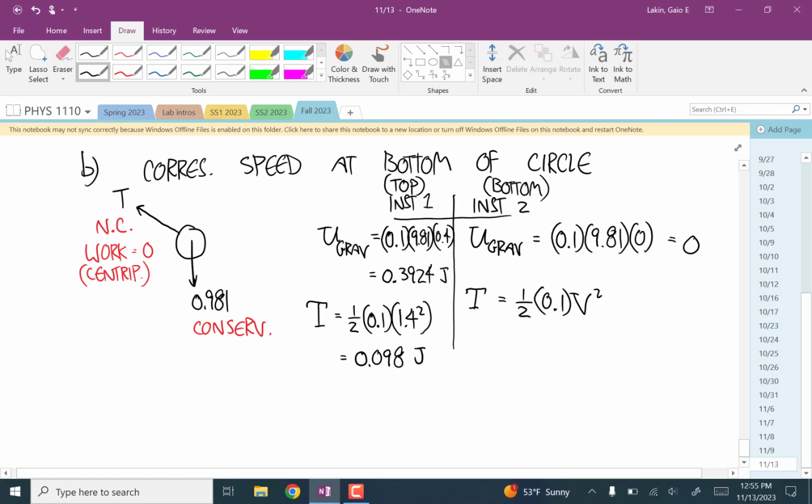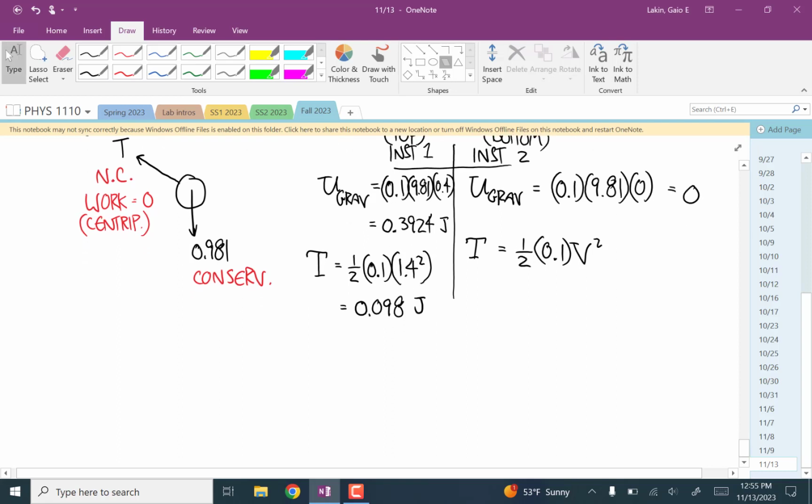This one's joules. So conservation of mechanical energy says 0.3924 plus 0.098 is equal to 0.05 v squared. Can you add those two?